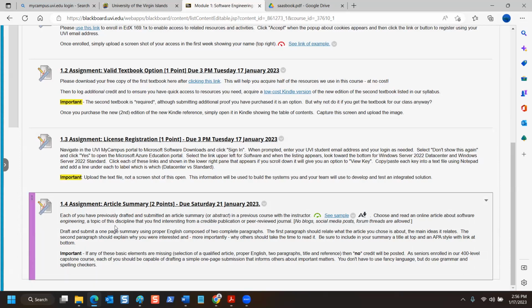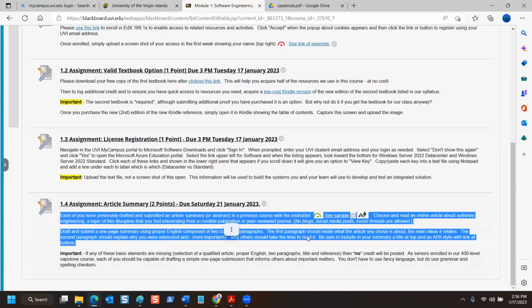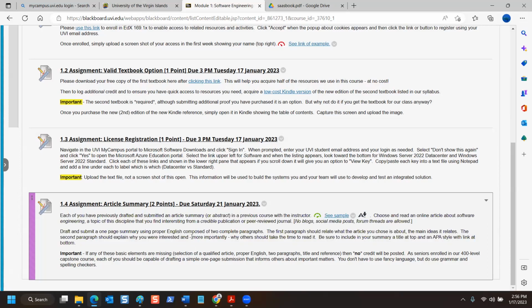And essentially, it's a much simpler format. And so as long as you read this, there is a quick example of what we did previously. The goal is to get a decent article on software engineering, because this is what our course is about.